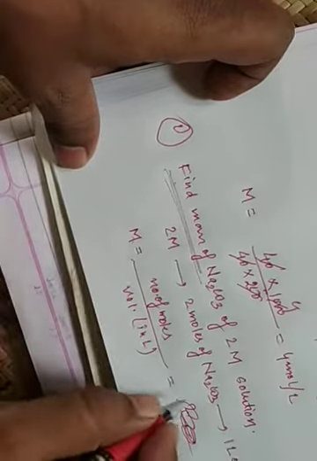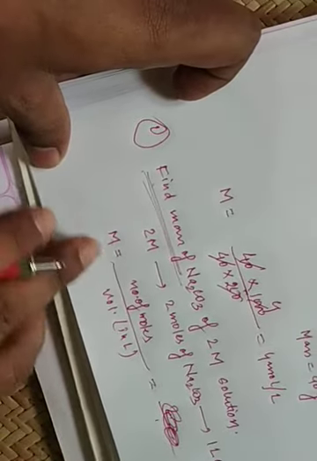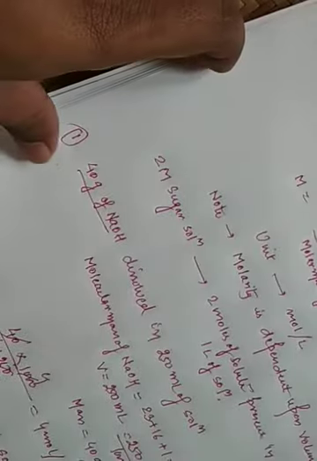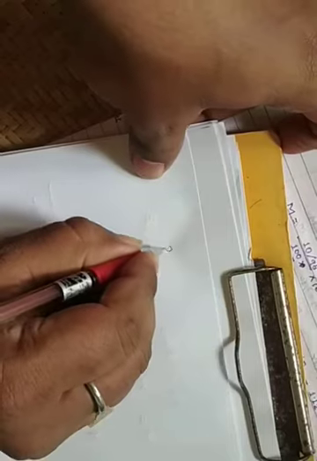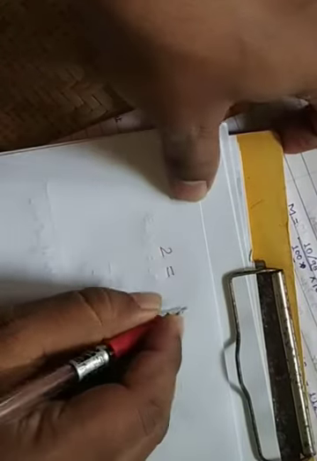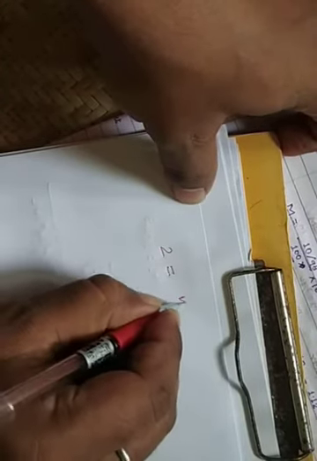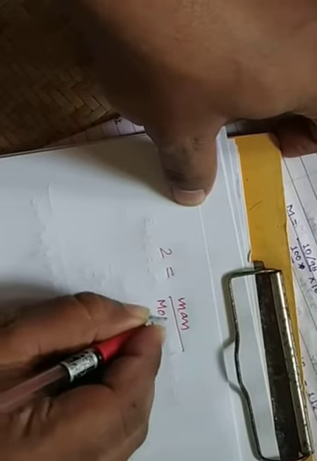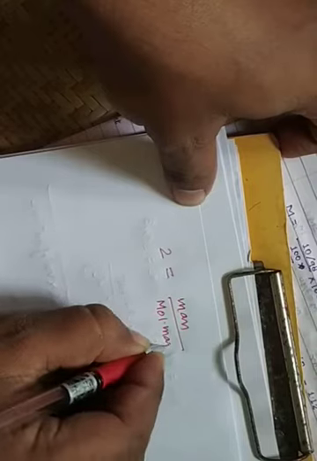So molarity is given. Molarity is 2 molar. 2 molar is number of moles. Number of moles is what? Mass upon molecular mass into volume of solution in liter. So this is the second formula. The molarity is given.